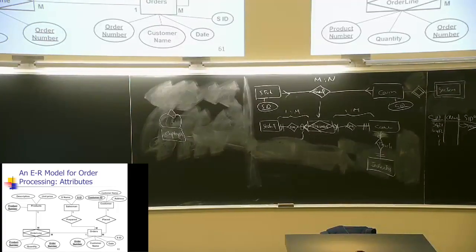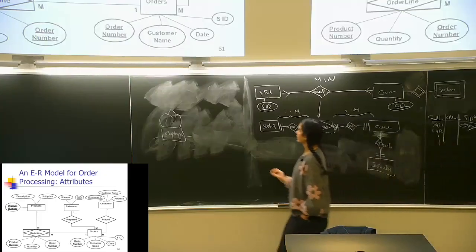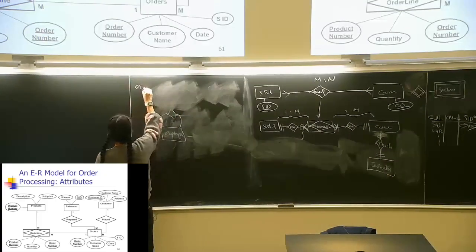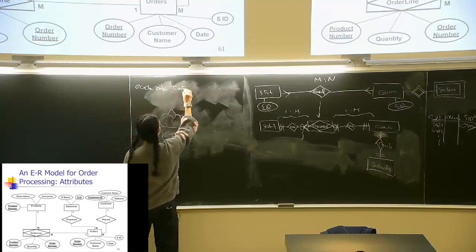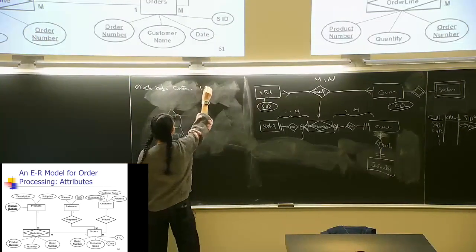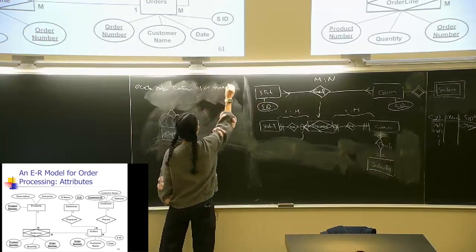Can you explain that? One order can have many products. Okay. Each order contains one or more products.